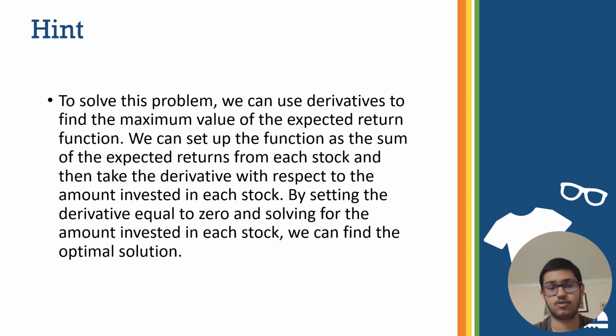We will first set up the function as the sum of expected returns from each stock, and then we take the derivative with respect to the amount invested in each stock. Then by setting the derivative equal to 0 and solving for the amount invested in each stock, we can find the optimal solution, which would be the highest expected return. That would be our optimal solution.